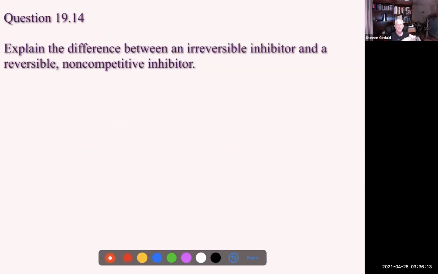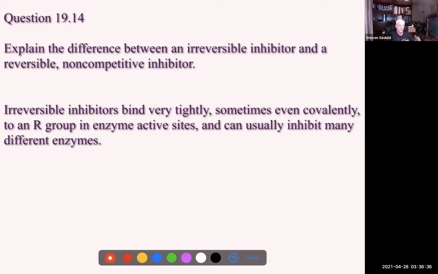Explain the difference between an irreversible inhibitor and a reversible non-competitive inhibitor. An irreversible inhibitor does not come off. A reversible one does not make a strong bond, not like a covalent bond, and it's non-competitive, so it's not binding to the active site. Irreversible inhibitors bind very tightly, like covalently, to an R group in the active site, and usually inhibit many different enzymes.